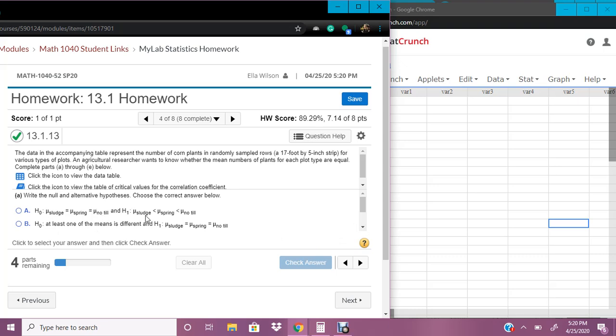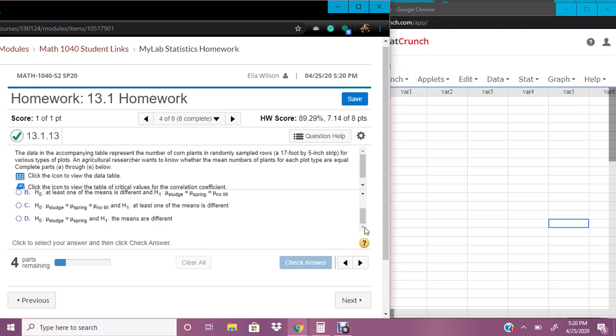And our alternative will be at least one of the means is different, because this right here, an agricultural researcher wants to know whether the mean numbers of plants for each plot are equal. And so even if just one is different, that means they're not all equal. So this one will be our answer.